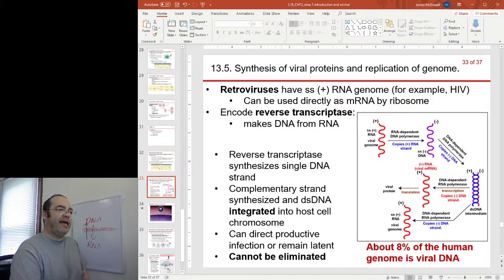So retroviruses have a single-stranded positive RNA genome, but they work with that genome in a different way to how we've seen other positive-sense RNA viruses. They do this reverse transcription, making DNA from RNA.